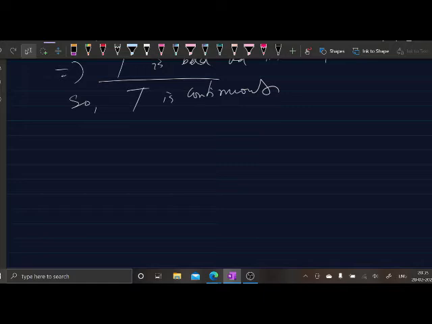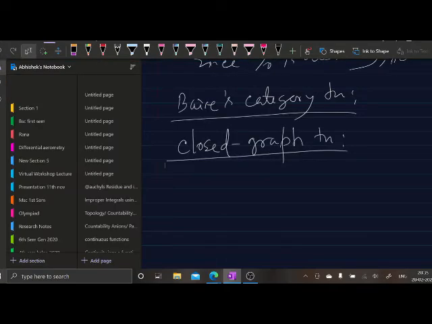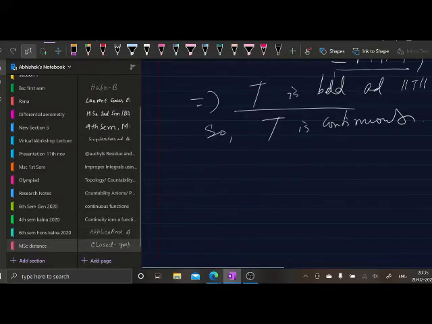Next day we will read the characterization of Banach spaces in terms of absolutely convergent series in the Banach space.